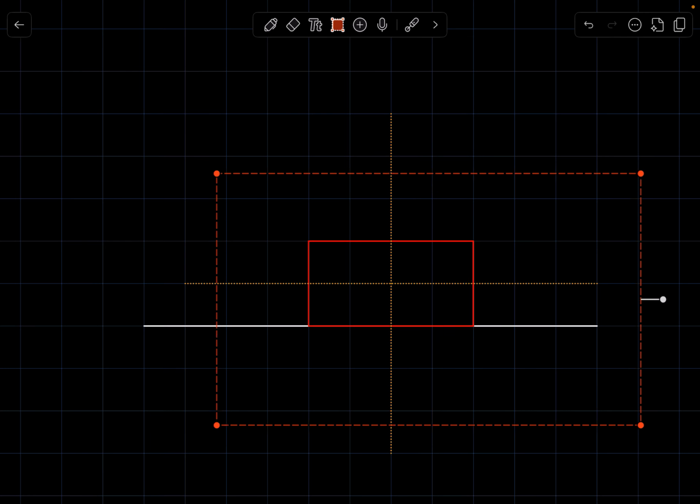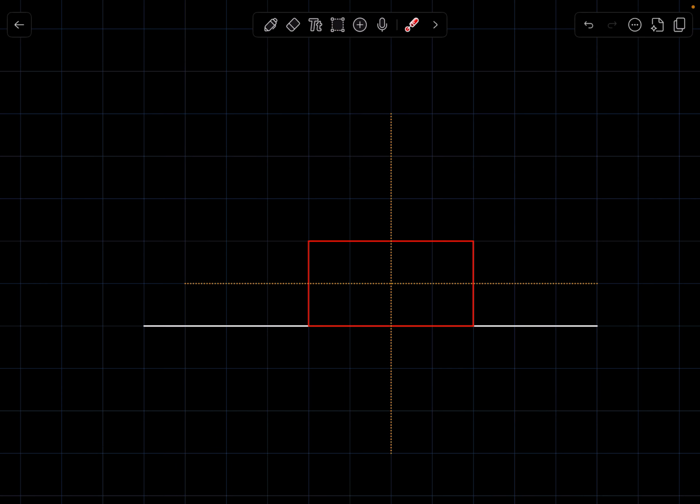The reason I wanted us to start here is so that you see what happens to the Cartesian plane. So this here is the Cartesian plane, which is orange. The red box we are going to take as our object, and the white line is the plane.